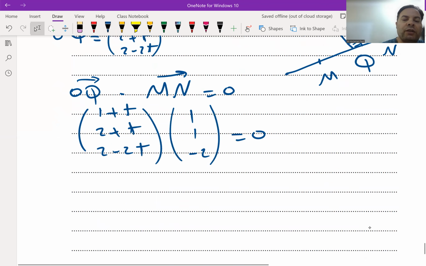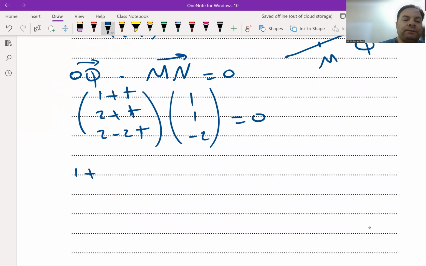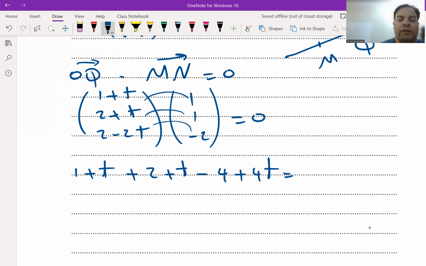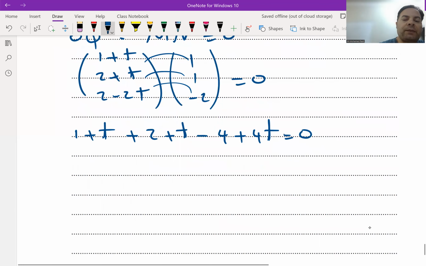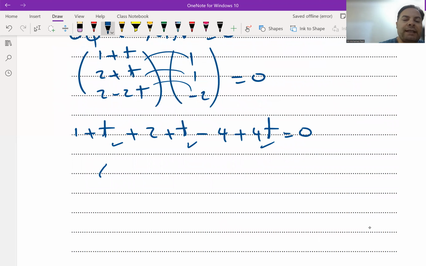Form the equation: 1 plus t, 2 plus t, then minus 2 times 2 is minus 4, and minus minus is plus 4t, equal to 0. t plus t plus 4t is 6t. 1 plus 2 is 3, 3 minus 4 is negative 1, equal to 0. So now t is 1 over 6.